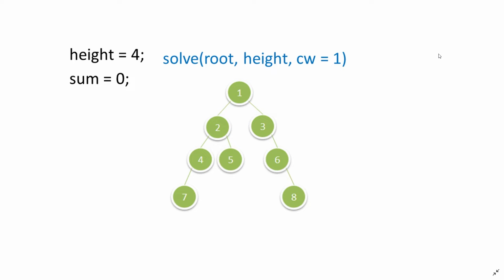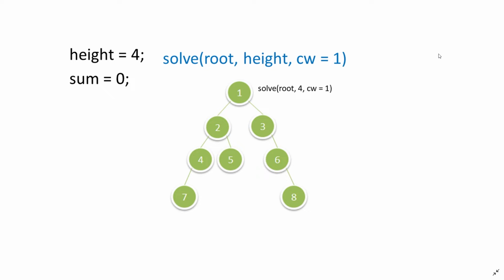We keep track of the level as we traverse recursively, and whenever we encounter the height of 4 which we just found, we add the value of whatever node we found at that level.